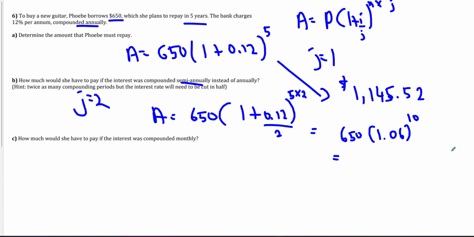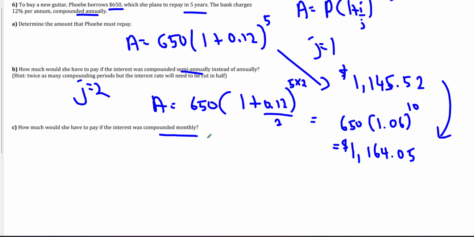I'm going to owe $1,164.05. And the amount doesn't change too much, and we don't expect it to because the only thing we're changing is the compounding period, not the interest rate or the principal amount. So this makes sense. The amount changed, but it didn't change that much.